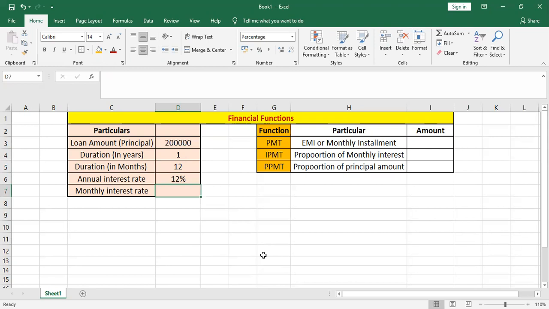If I want the monthly rate, I have to divide it by 12 months. That means I'll select this D6 cell, which has the annual interest rate, and divide it by 12. So to convert years into months, I multiplied by 12, and to convert the annual interest rate into a monthly rate, I divided by 12.